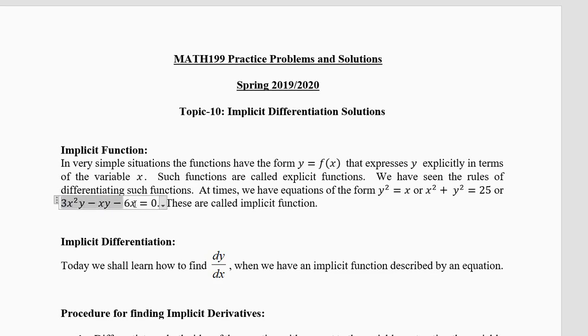Now look at this implicit function: 3x square y minus xy minus 6x equal to 0. You can have more things in the equation. From this equation you can find dy by dx, and today we shall do 6-7 examples, and in the end we will do slope and tangents.